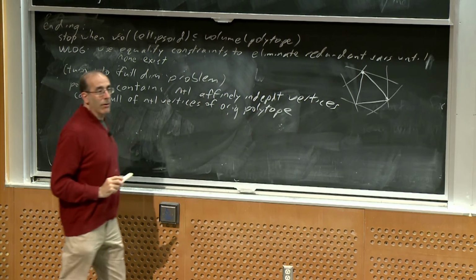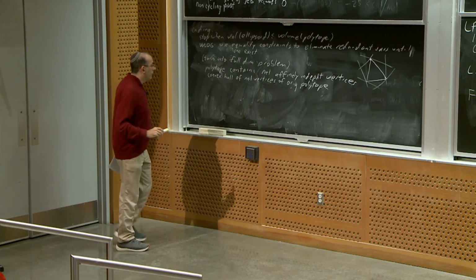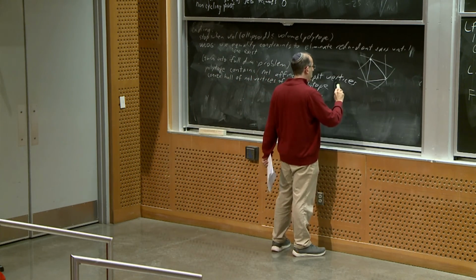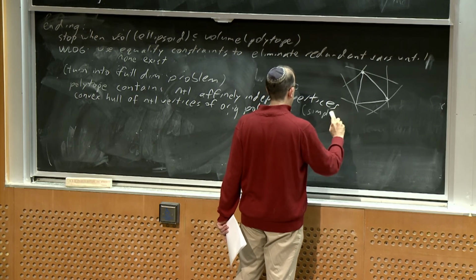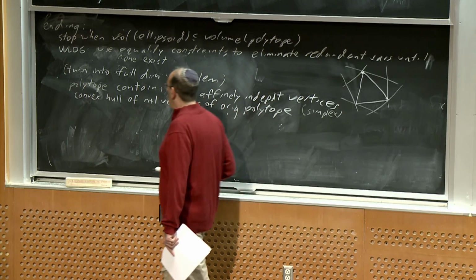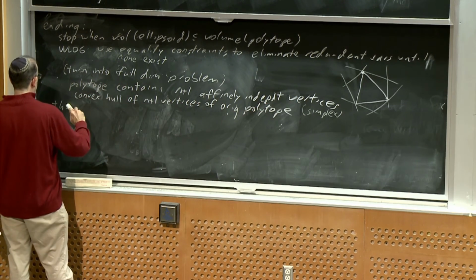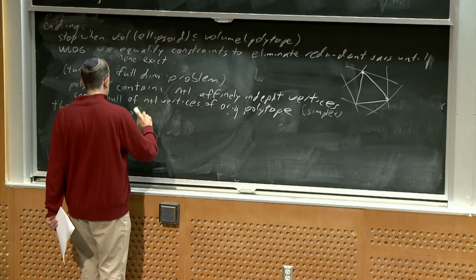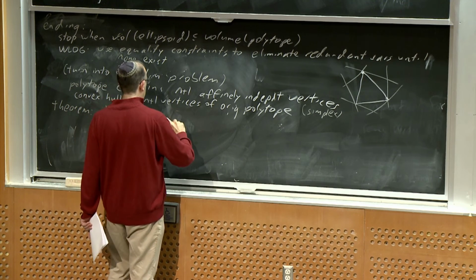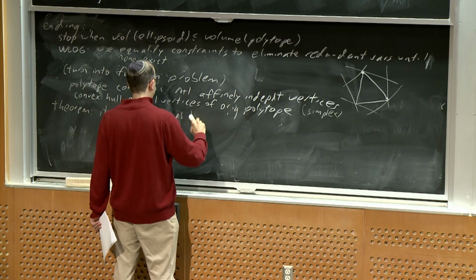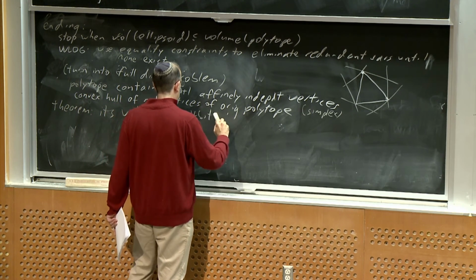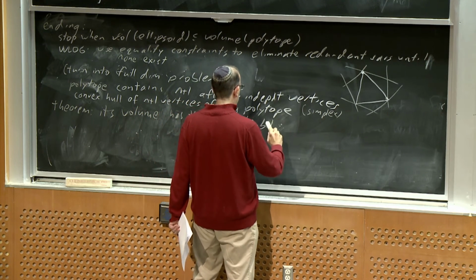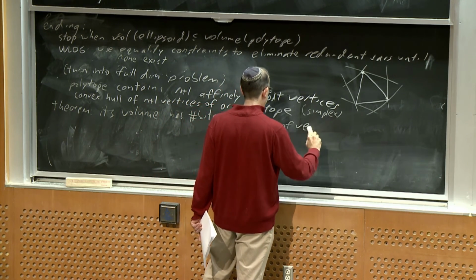Okay, that convex hull is a variation on what's called a simplex. And there's a theorem that its volume has a number of bits which is polynomial in n and the bits of the vertices.